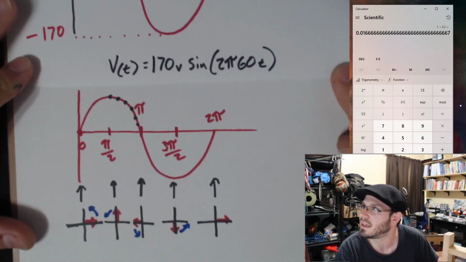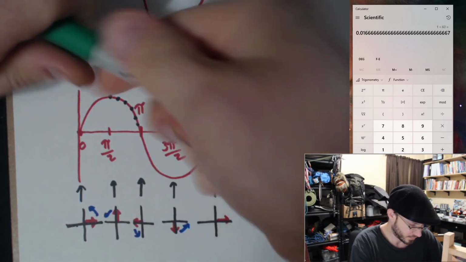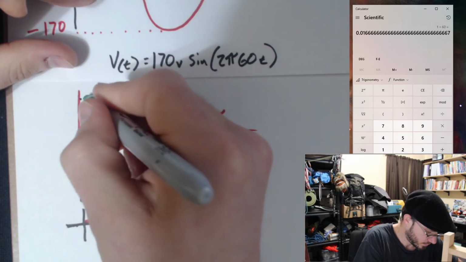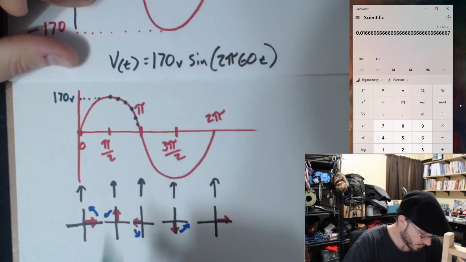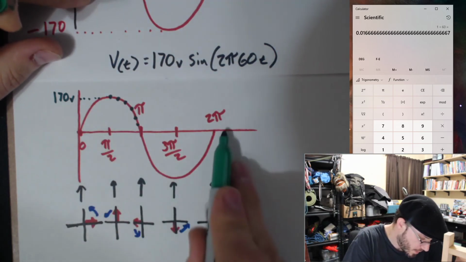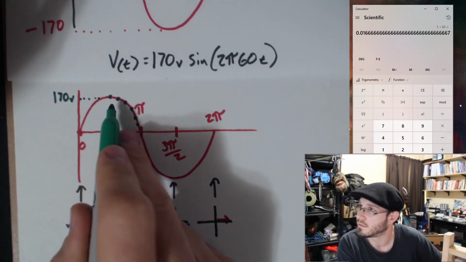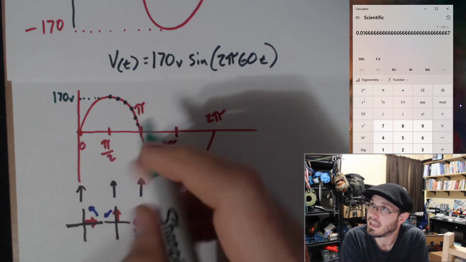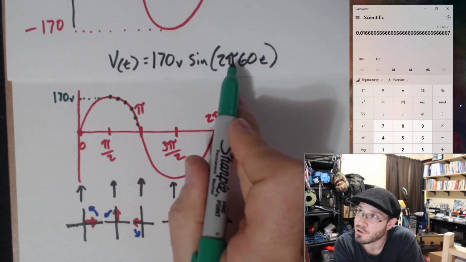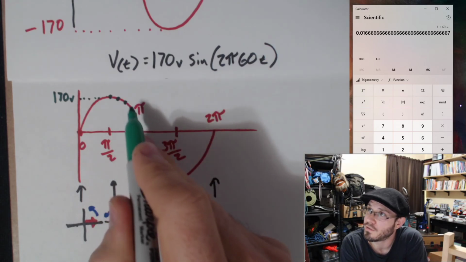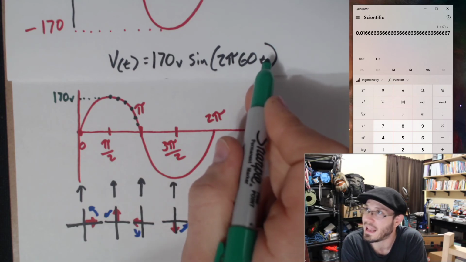Okay, so if I put these side by side, if we say that this sine wave is 170 volts peak AC, then this equation that we wrote out to describe the voltage coming out of our electrical outlets gives you all of these points, provided you enter in what time you want to know what that is, right?